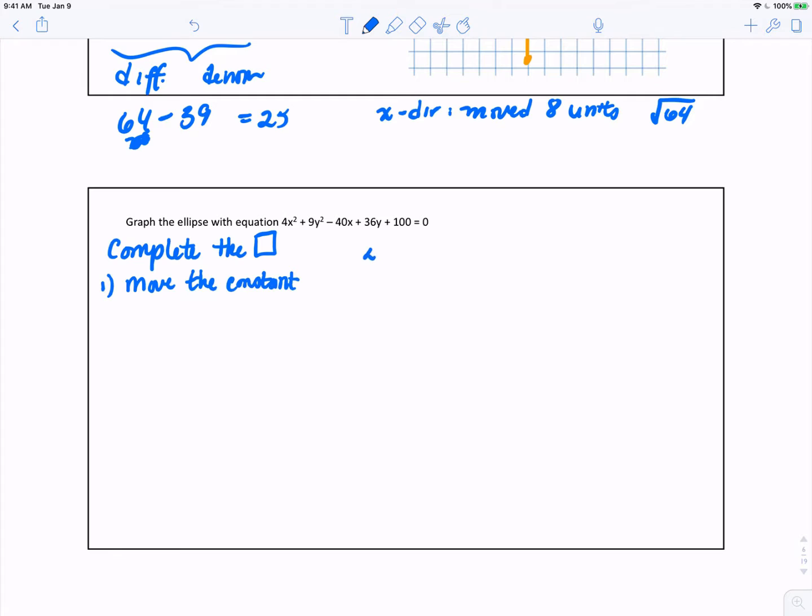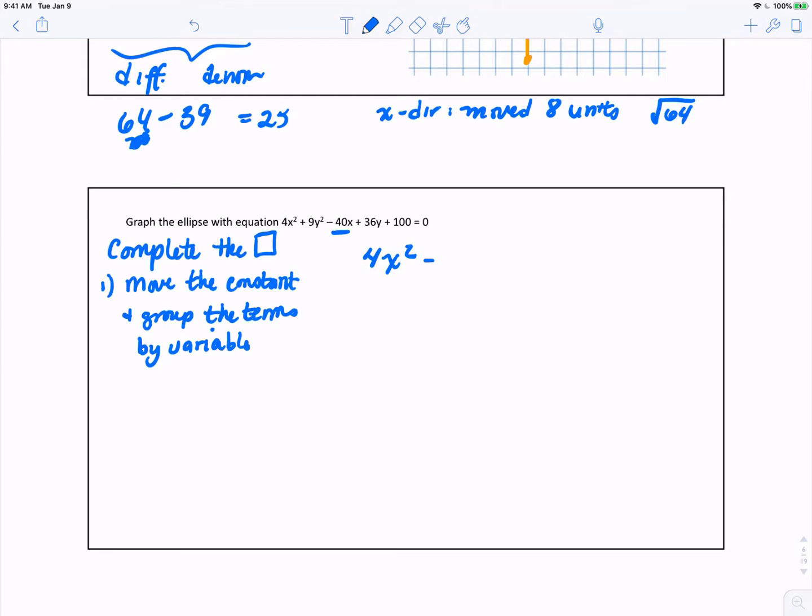So let me rewrite it so we have more room. And let's do two things at one time. We're going to move the constant and group the terms by variable, meaning we're going to put all the x terms together, all the y terms together as we move the constant. So we're starting off with 4x squared.